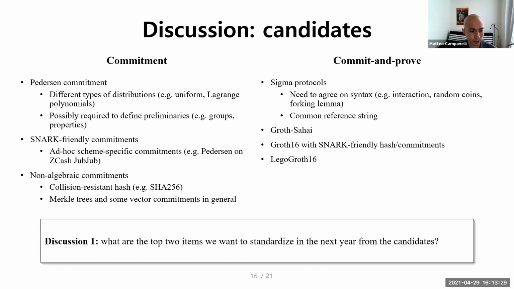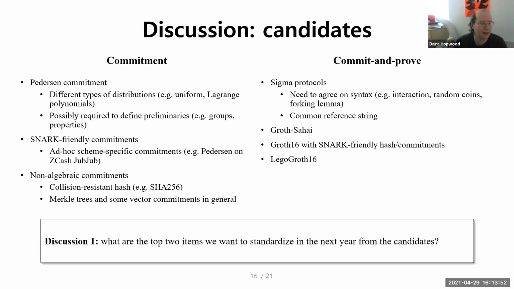But what do you mean by standardizing it in the context of CommitImprove? Standardize the way you use Groth16 to do CommitImprove, or just the Groth16 algorithm itself? So what I was saying just now is that we definitely want to standardize the Groth16 algorithm itself.